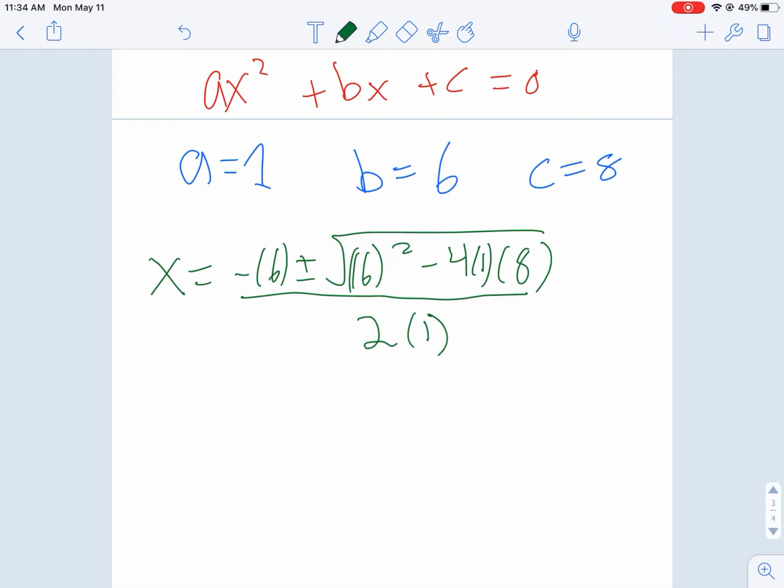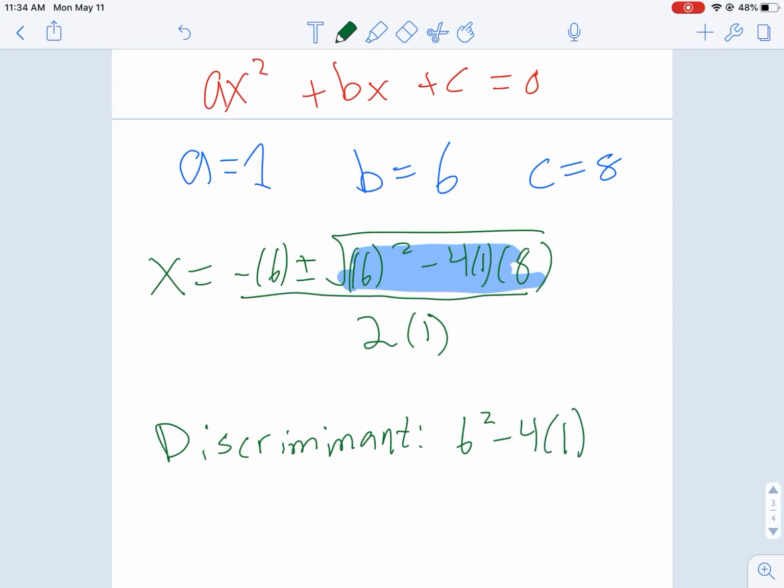Before we do that, let's figure out how many intercepts there are. To do this, let's focus on the discriminant. That's the part inside the square root. So let's solve our discriminant. That's going to be 6 squared minus 4 times 1 times 8.